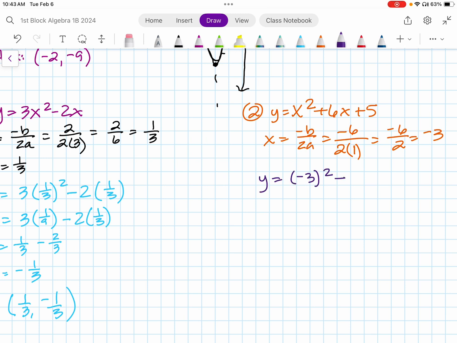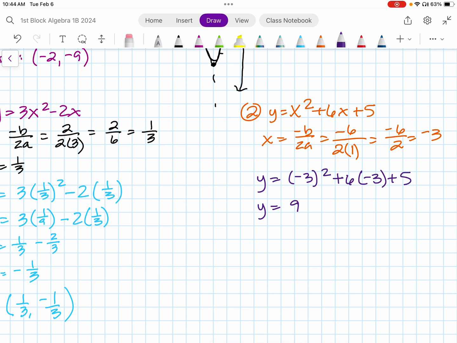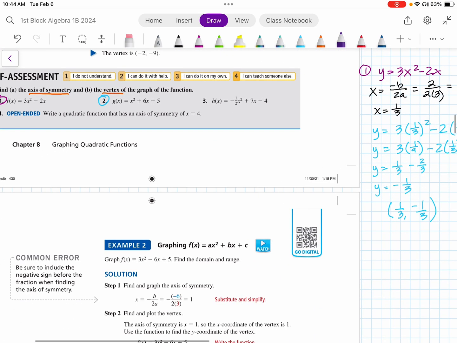Negative 3 squared plus 6 times negative 3 plus 5. 9 minus 18 plus 5. 9 minus 18 is negative 9 plus 5, negative 4. So our vertex is negative 3, negative 4. All right, finding the vertex and the axis of symmetry.